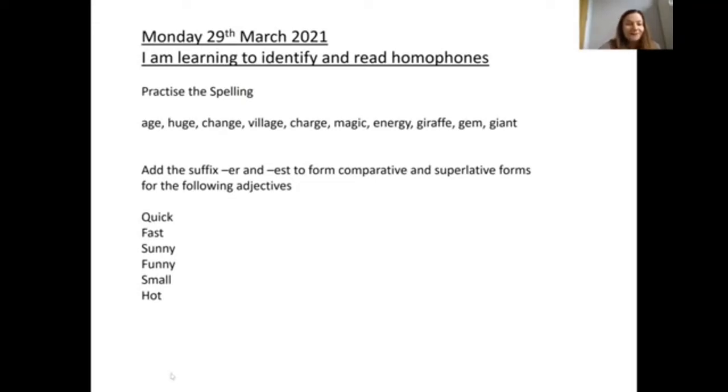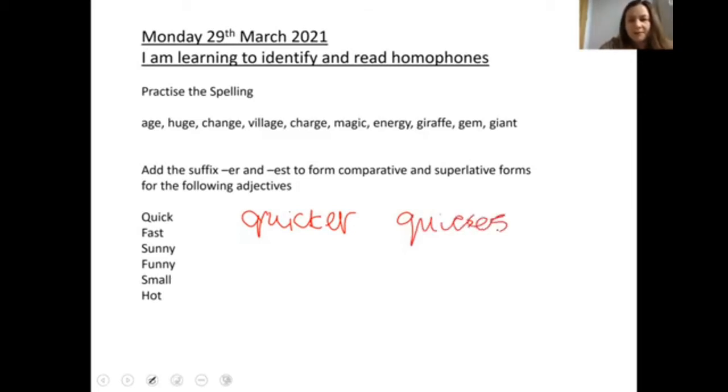Okay, let's see. Now we have quick, quicker, and then you have quickest. It's so hard to write on the screen. Quickest.